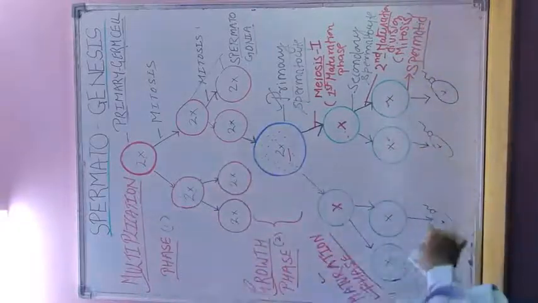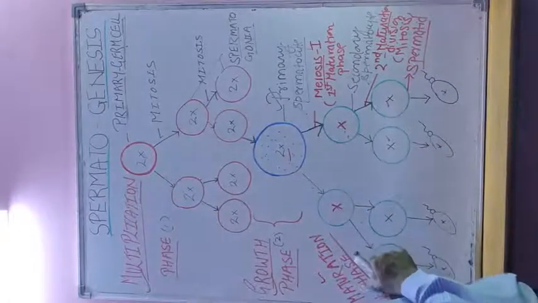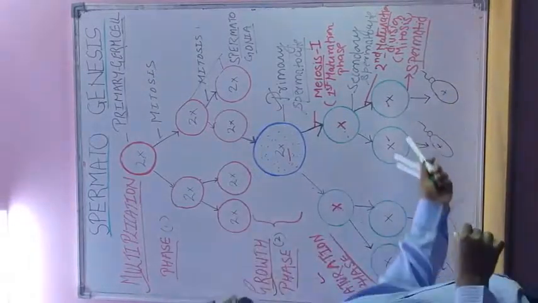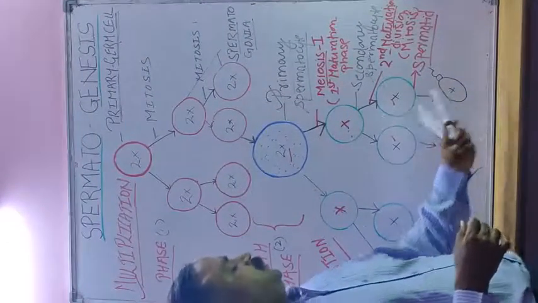You just observe, student, and see what is the difference between this spermatid and spermatozoa. A spermatid is without a tail.